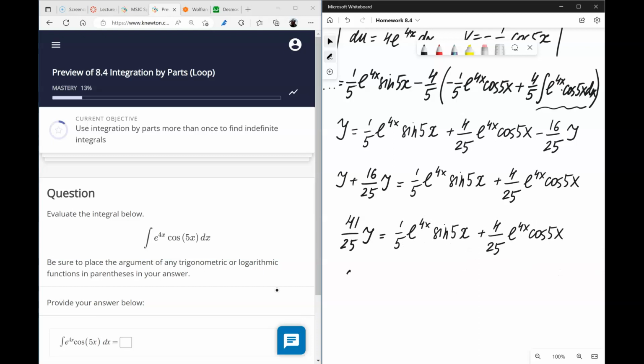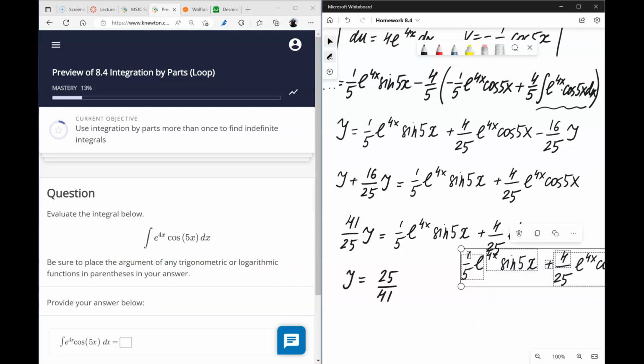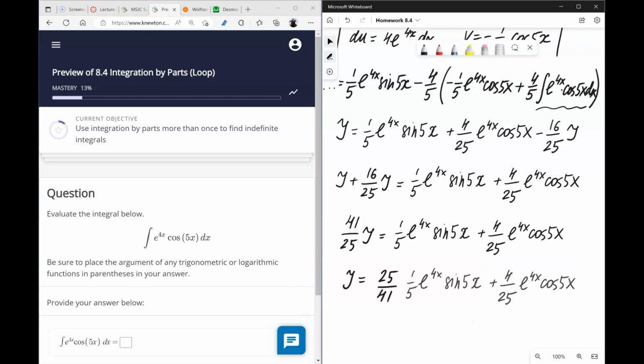Now we isolate J by multiplying both sides by 25/41. Other than that, it's still the same. And don't forget to put plus C. That's the answer. So let's type it up.